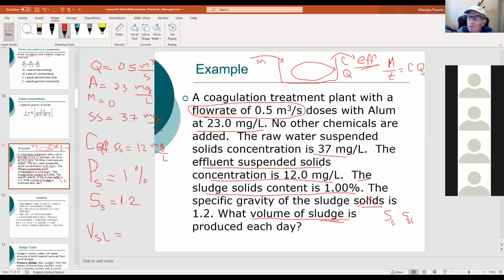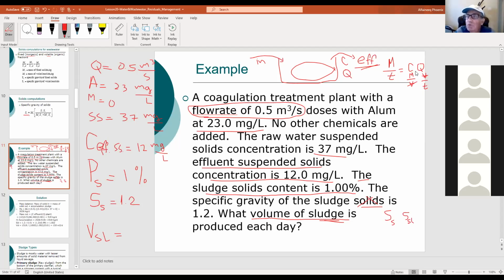Concentration times flow rate. Concentration is a mass divided by volume, and this is volume divided by time. Volume cancels the volume and you get mass over time, right? Well, we just got the answer, kilograms per day, mass per time.